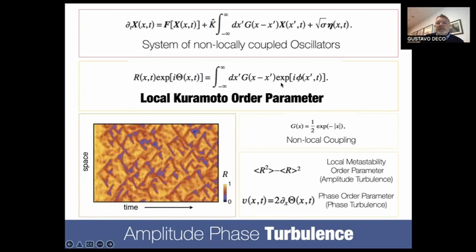He just generalizes the concept of the global Kuramoto order parameter. As you know, the global Kuramoto parameter is the sum, in this case the integral because it's continuous, of the exponent of the imaginary part of the phases. And the module of that, which is R, is just a number between 0 and 1, which quantifies the general level of synchronization.